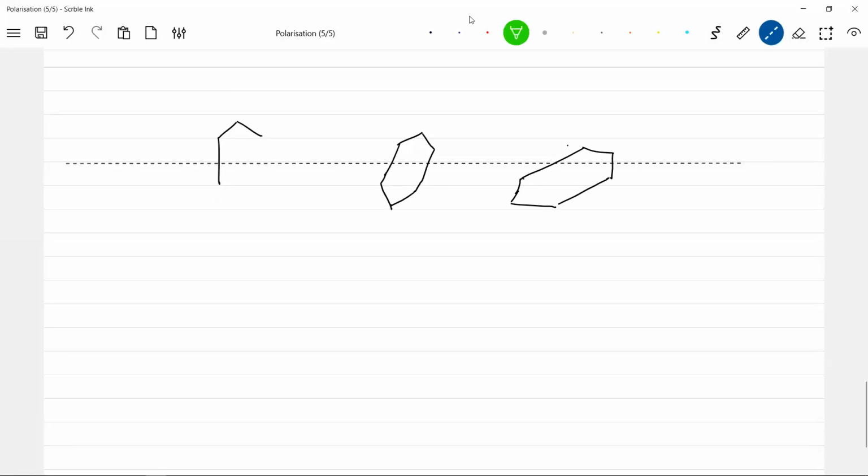First, let me draw a vertical line, in blue color.